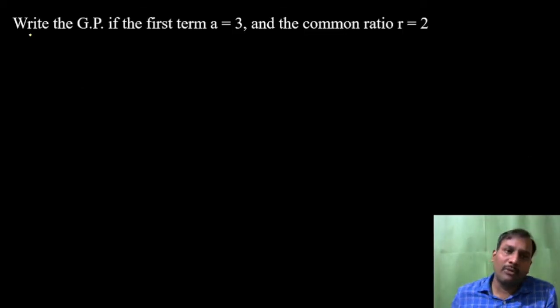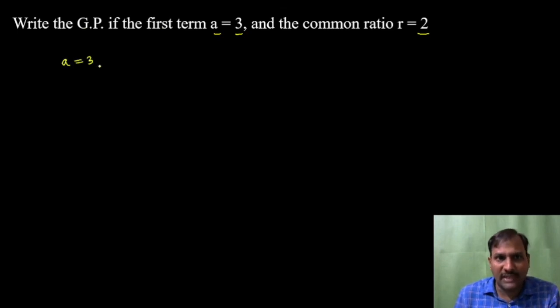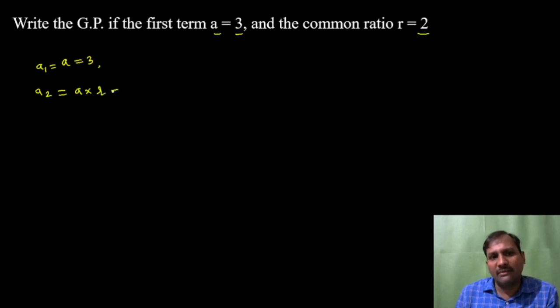Let us have one problem here. Write the GP if the first term is A is equal to 3 and the common ratio is 2. So here what is given? A is equal to 3. So this is the first term. To get the next term, we should multiply the first term with common ratio. That is 3 into 2, that is 6. To get the third term, we have to multiply the second term with the common ratio.